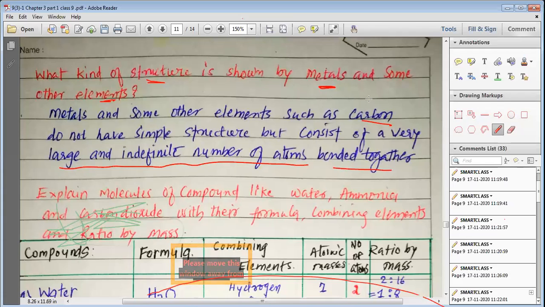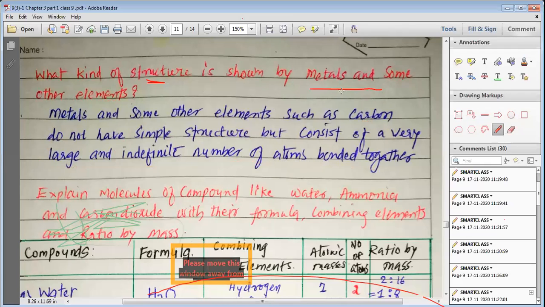Elements such as carbon and metals do not make molecules with a small number of atoms, but they make a very large and indefinite number of atoms bonded together in their structures.